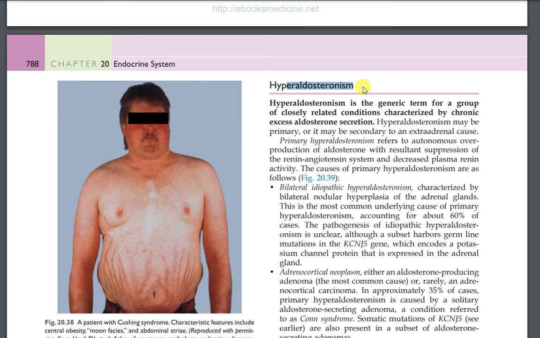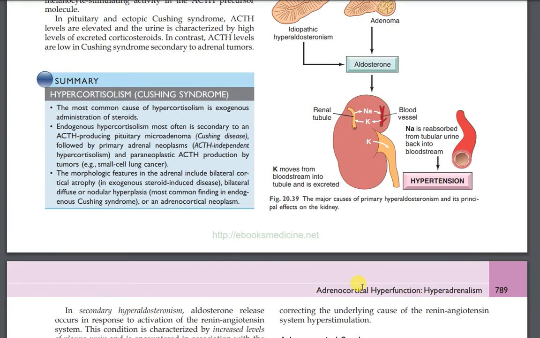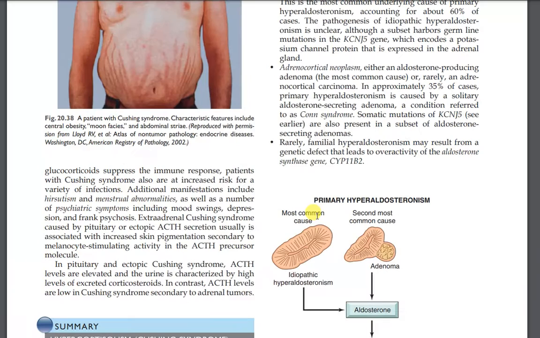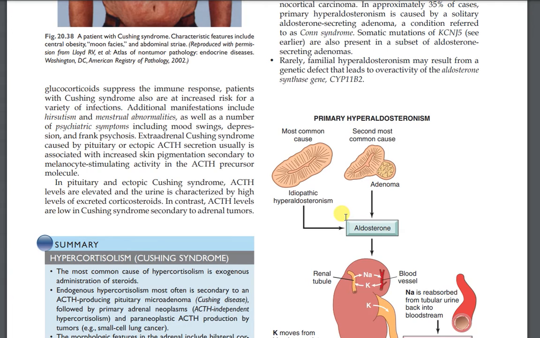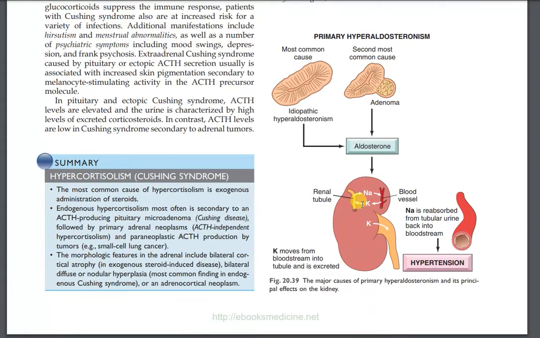Okay, hyperaldosteronism. You know that aldosterone mainly causes the effects of mineralocorticoids. Hyperaldosteronism is a very rare condition where aldosterone is increasingly produced, and it leads to hypertension first of all, because of increased sodium reabsorption.